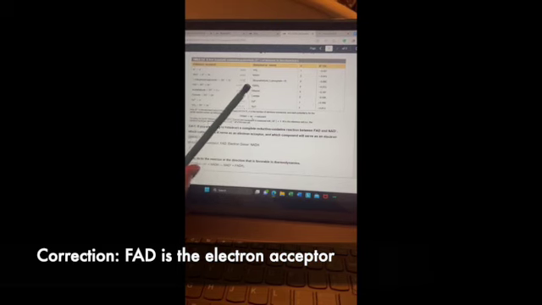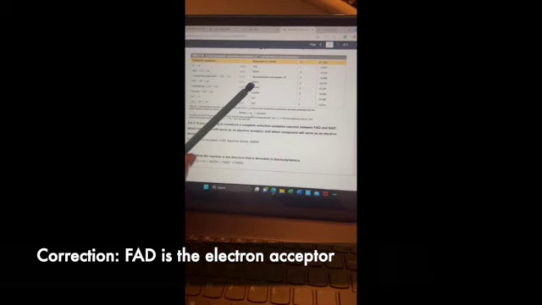So that will make the FAD the acceptor, and then the NADH the donor. So basically it is based off of the standard reduction potential, depending on which one will be the acceptor or which one will be the donor. So then it kind of leads into question number 2.